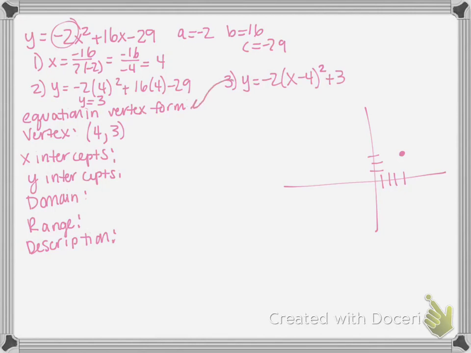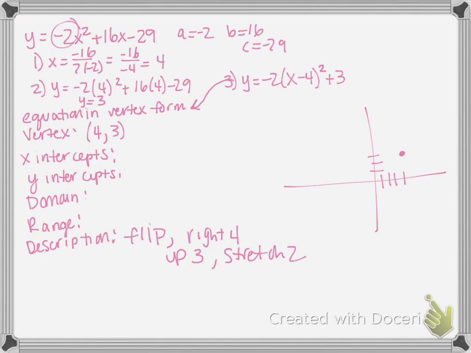So there's the equation in vertex form. I can go ahead and do my description here. I know it's going to flip, or reflect, or open down. It is going to go right 4, and it is going to go up 3, and that 2 in front is going to make it stretch.